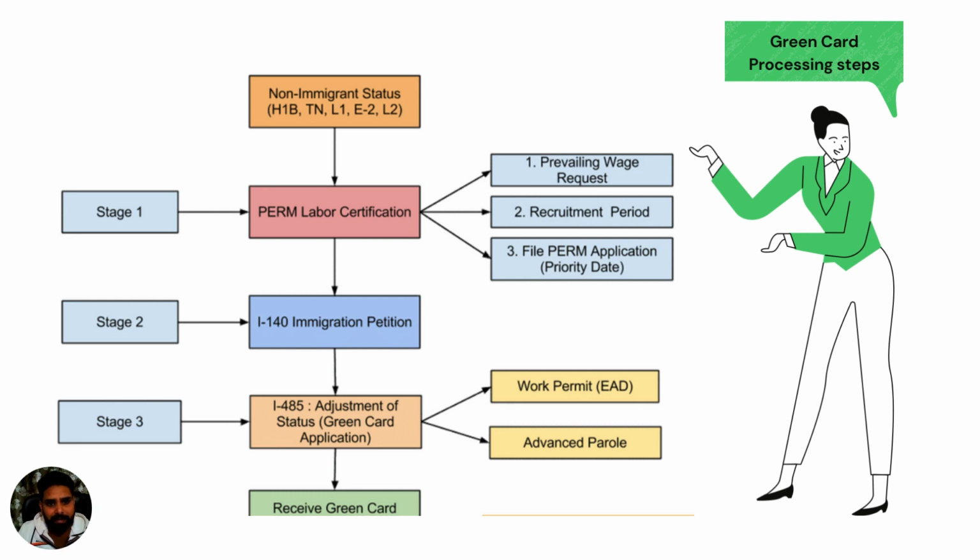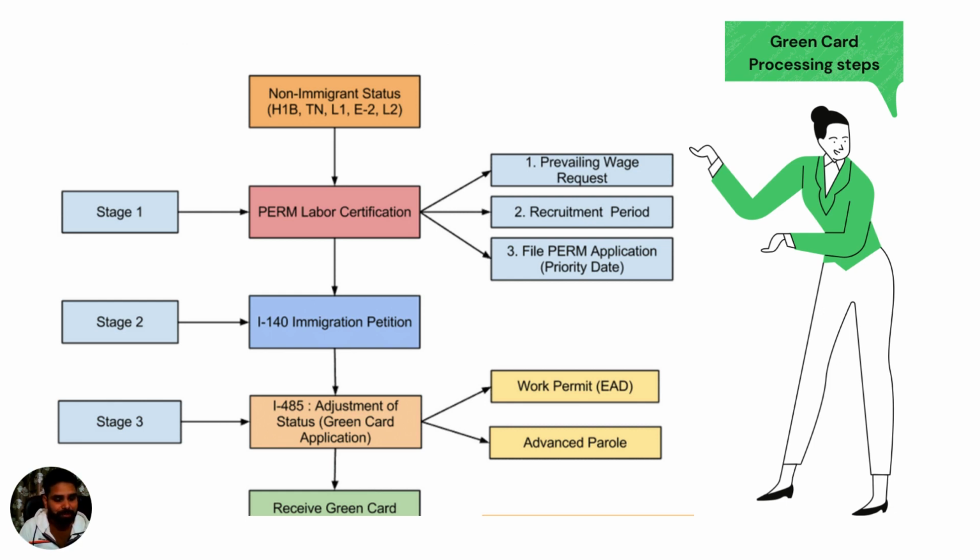If it has been approved, they will go through the I-140 immigration petition, right? The I-140 immigration petition is the petition filed for the green card. I-129 is for H1B, I-140 is for the green card. If this petition is approved, the candidate will get I-485.